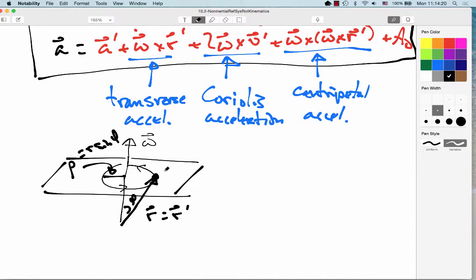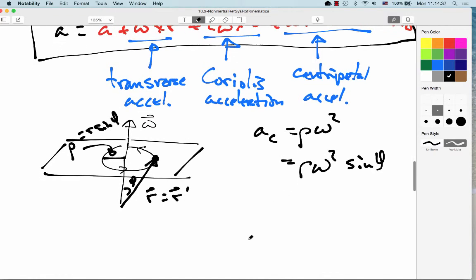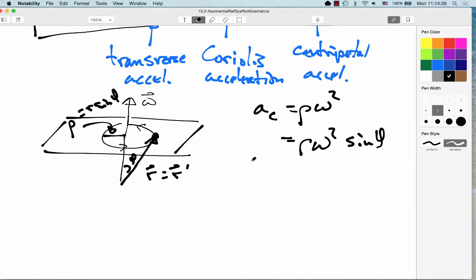Okay, so now let's just go and work it out. This centripetal acceleration would be equal to rho omega squared. So it's equal to r omega squared sine phi. All right, so now let's go ahead and compute the magnitude of omega cross omega cross r.